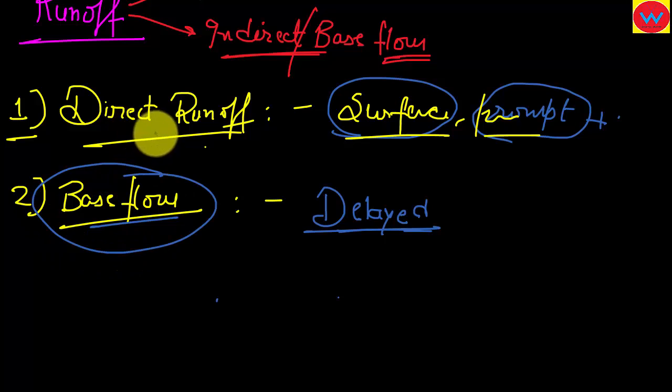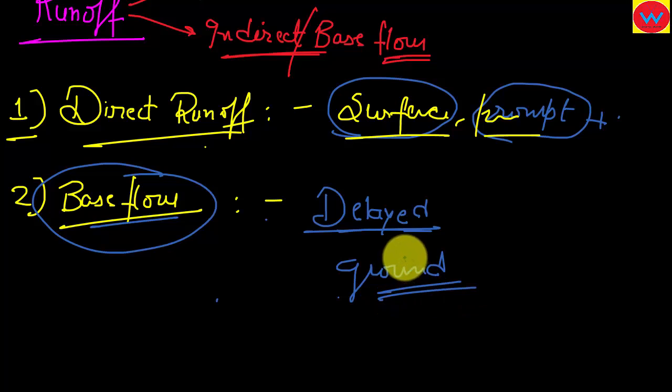So we have divided runoff into two categories, that is direct runoff and base flow. So base flow you can say essentially as groundwater. This is groundwater flow. If groundwater is contributing to any stream or river, then it is called base flow.